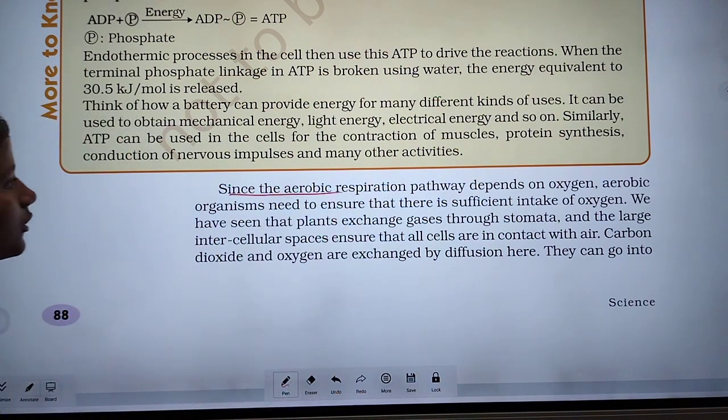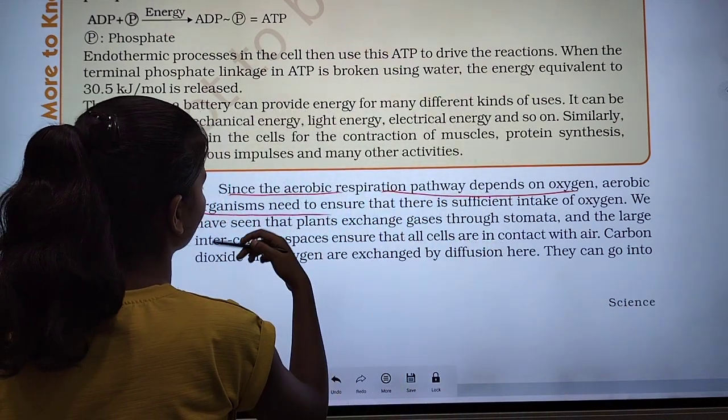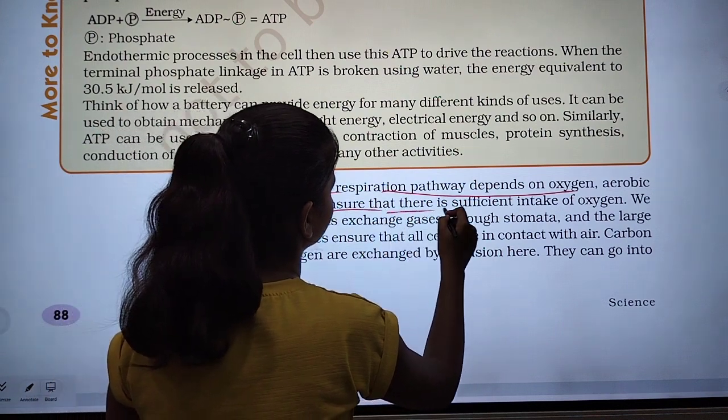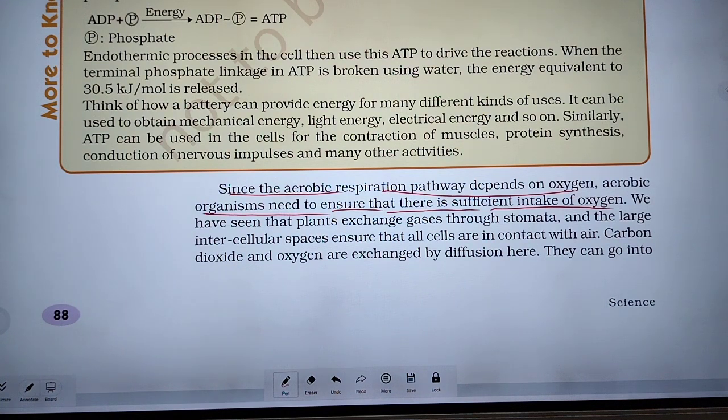Since the aerobic respiration pathway depends on oxygen, aerobic organisms need to ensure that there is a sufficient intake of oxygen. We have already discussed that in aerobic respiration, oxygen is present.